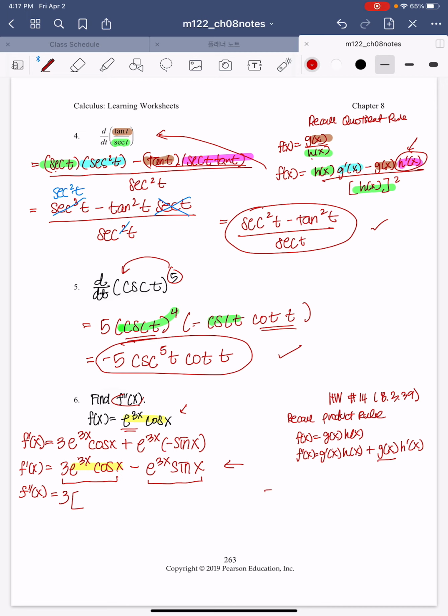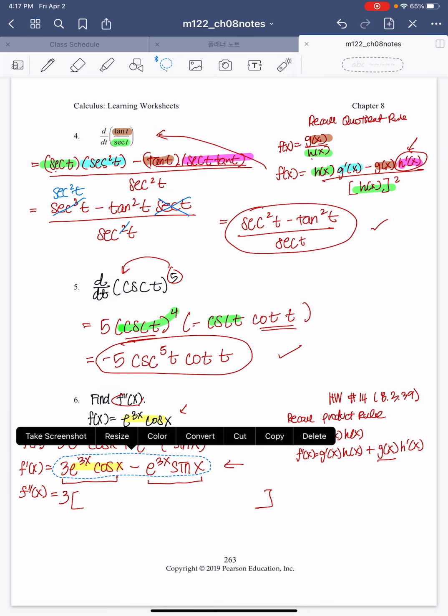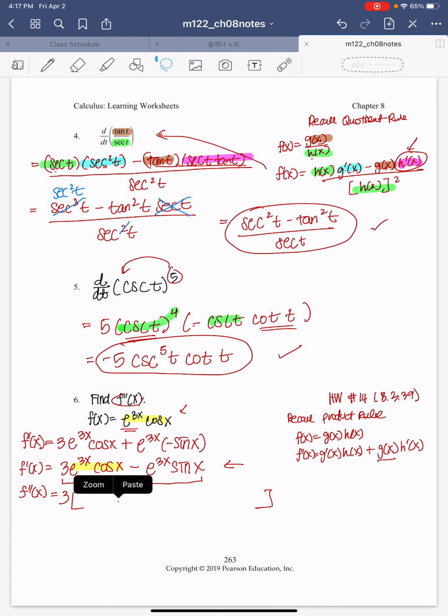Is everybody seeing that? So the derivative of e to the 3x cosine x is this whole thing here. Copy, and then I'm just going to multiply that by 3 so that I'm saving time. Okay. All right. Now subtract.